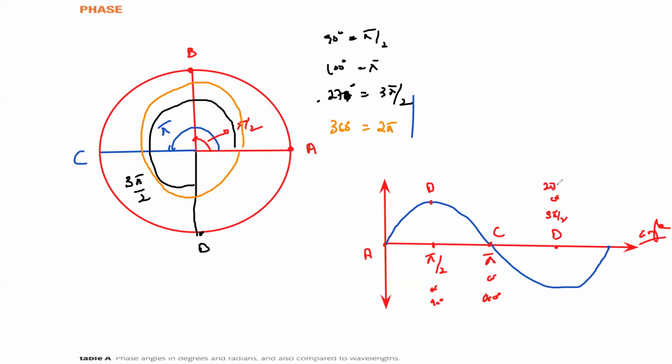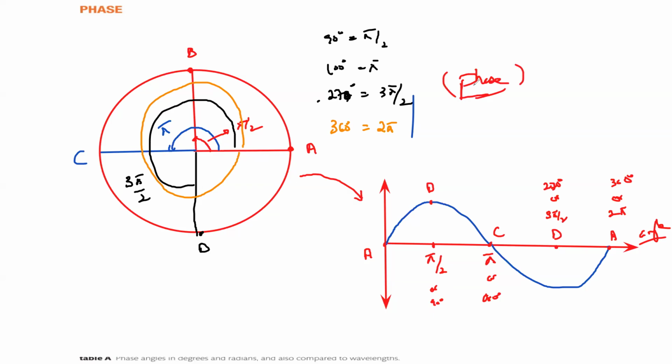And when there's one complete wave, we return back to the same point, so the angle or the phase is 360 or 2 pi radian. So when we make a relation between a circular motion and the wave motion, and we categorize the parts of the wave in terms of the angle, we call that the phase of the wave.